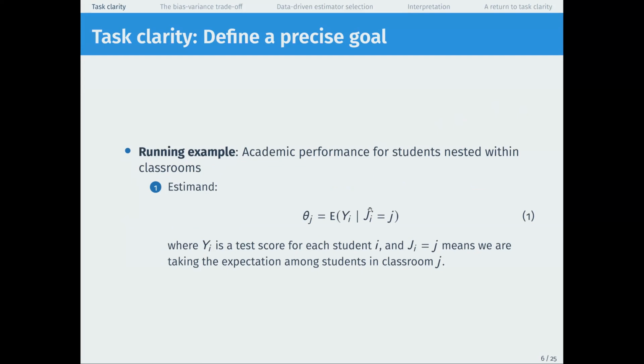We're going to use capital J sub i to indicate the classroom in which student i is a student. And our goal is to estimate the mean outcome. We're going to call that theta sub j, which is the expected value of test scores over all students i, such that the classroom of student i is the value little j. This is just the average test score in classroom little j.